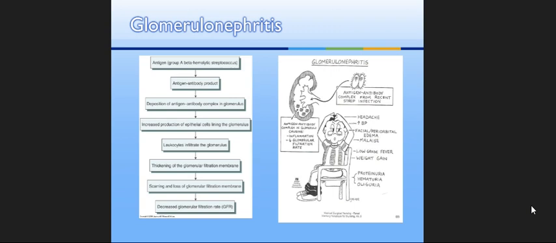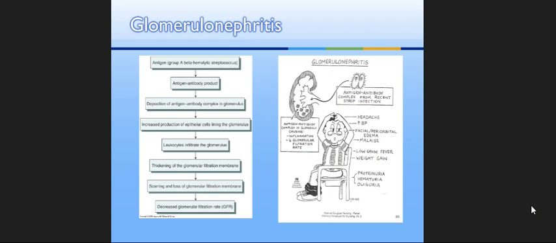This leads to increased production of epithelial cells, which are lining the glomerulus. We go to leukocyte infiltration in the glomerulus, and thickening of the glomerular filtration membrane.